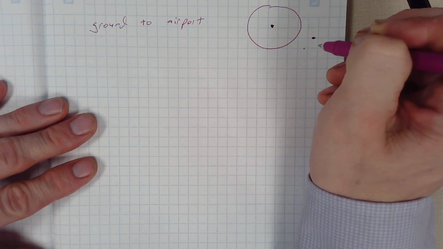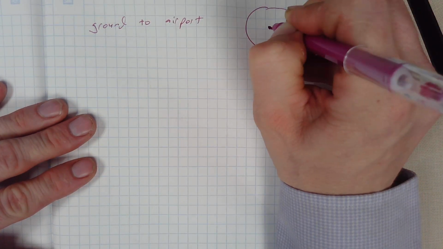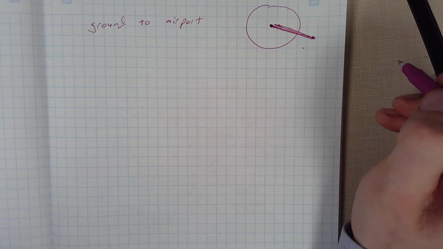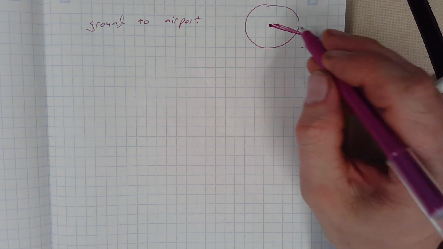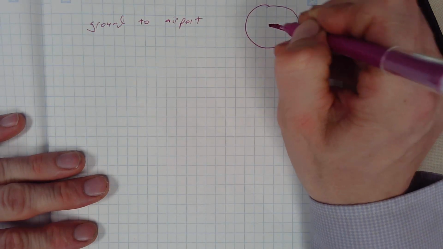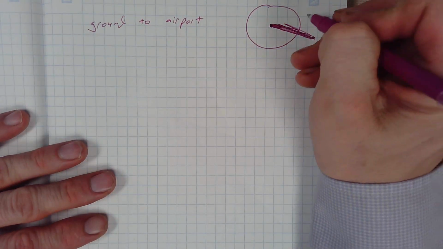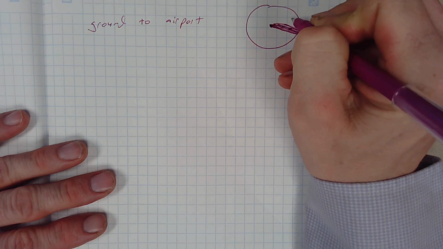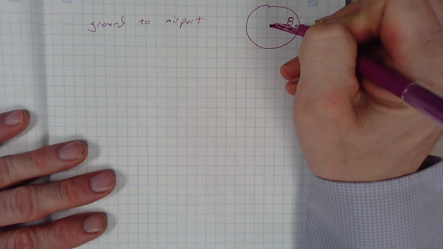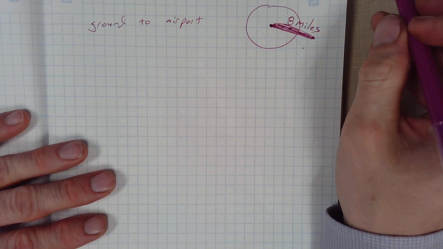The distance they are from the airport is this long, okay? And that distance is, I don't know, let's see, 8 miles. 8 miles. All right.